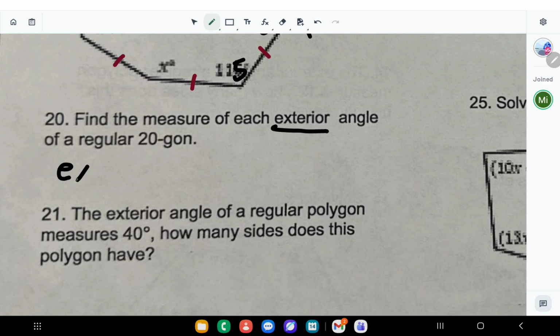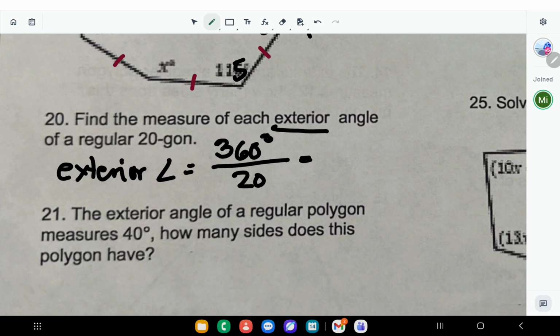So exterior, how do we solve? Yeah, 360. Okay, so that is 360 divided by 20.